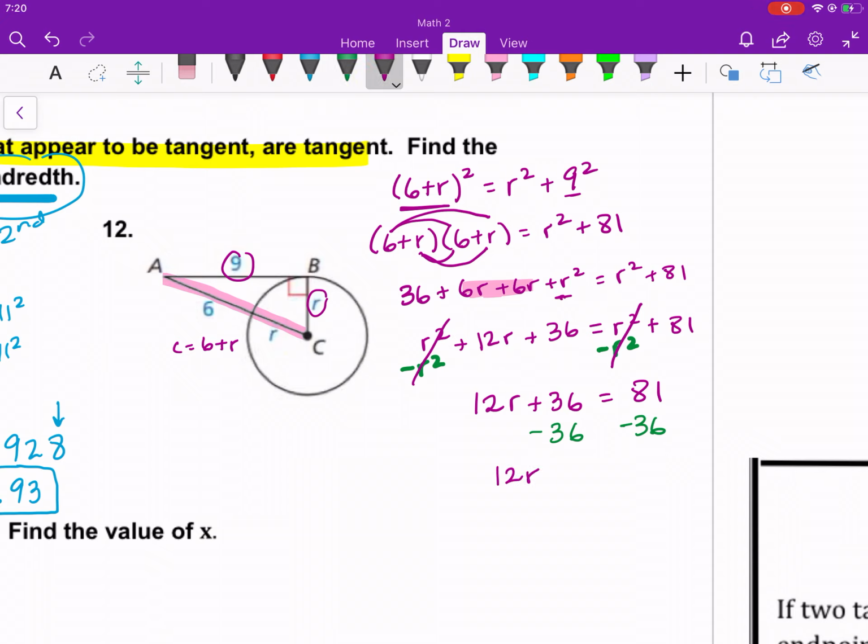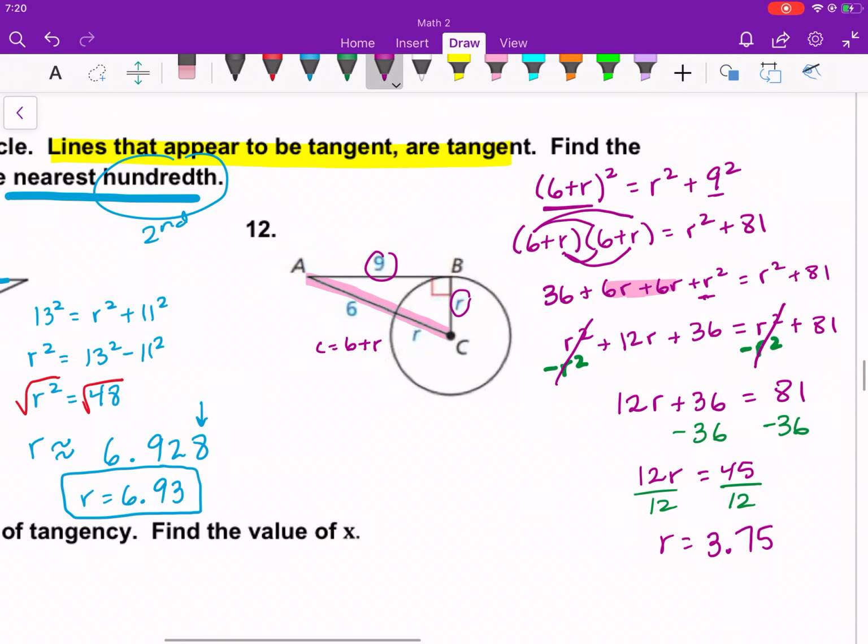So 12r is going to equal 45. And then we're going to go ahead and divide both sides by 12. And you end up with r is equal to, well, 45 divided by 12 is actually exactly 3.75. Remember, we have to go to the hundredths, which that is exactly where we're at. So that's your answer.